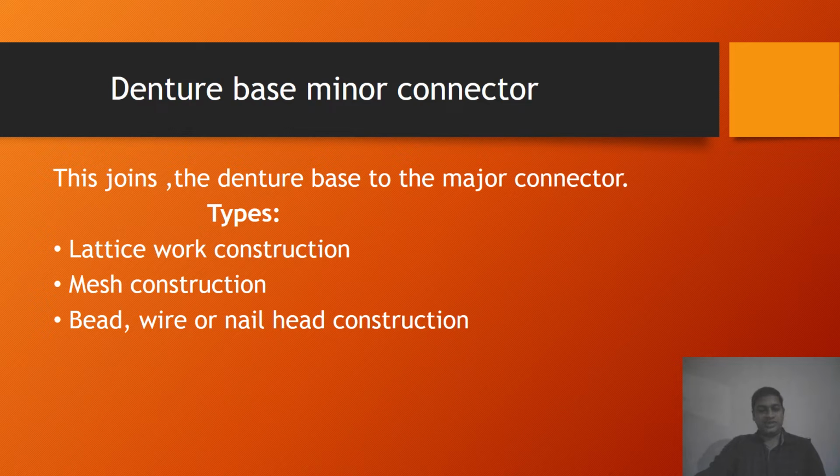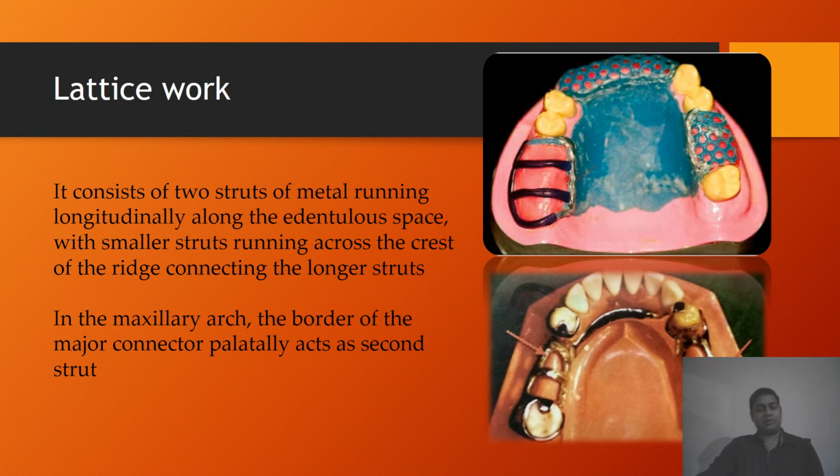Coming to the denture base minor connector, this joins the denture base to the major connector. There are basically three types of denture base minor connector: lattice type, mesh type, and bead wire or nail head construction. Now we'll discuss the lattice type. Lattice type means there are two metal struts.